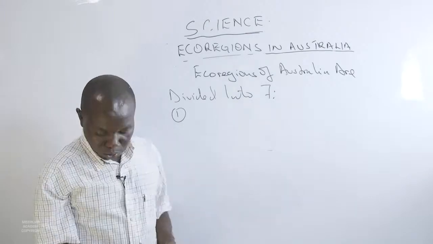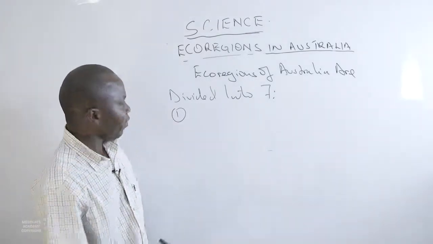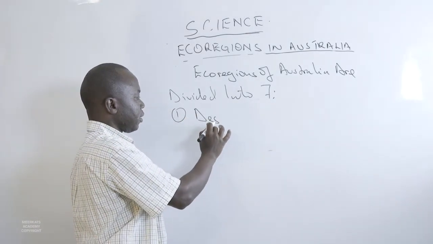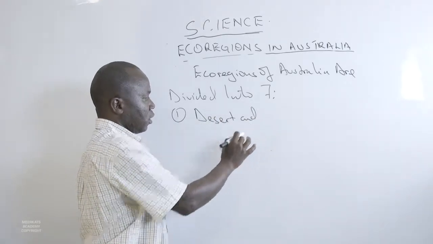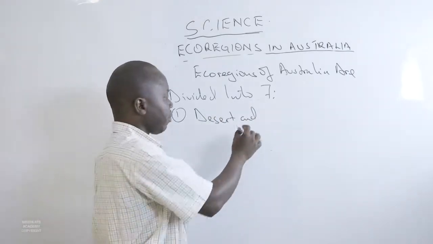So we shall just mention some of them. So we have desert and dry shrubland.